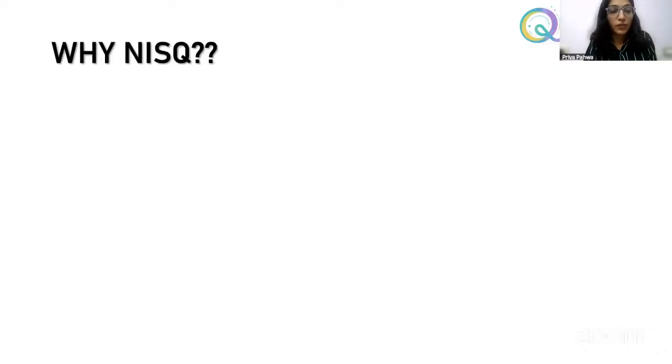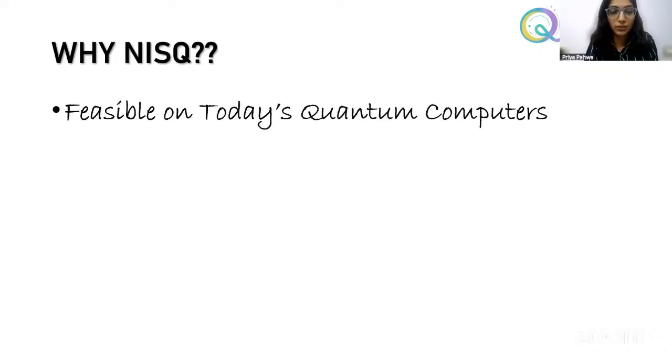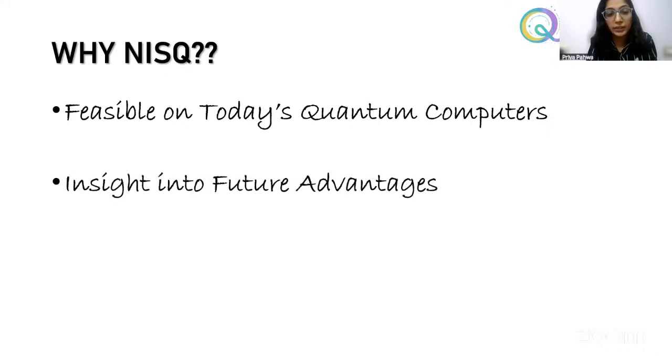So first of all, why noisy intermediate scale quantum computing? Because it's feasible on today's quantum computers, right? And it has various insights into future advantages. You can come up with various algorithms and all the computational techniques that have been involved. It actually helps us to hop into any sector you choose, be it healthcare, finance, AI, generative models, anything you can think of.